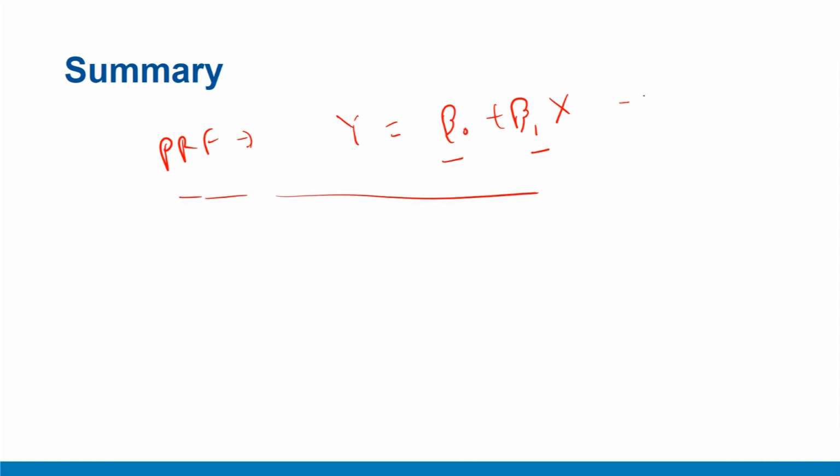To summarize, in this video we discussed the concept of the population regression function, which gives the values of y using population parameters beta naught plus beta 1 into x. Beta naught and beta 1 here are the population parameters. Please note, in real life we do not have the luxury of working with the population, and therefore it is not observed.